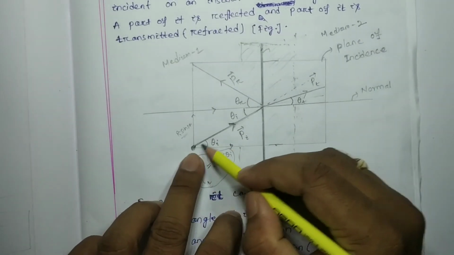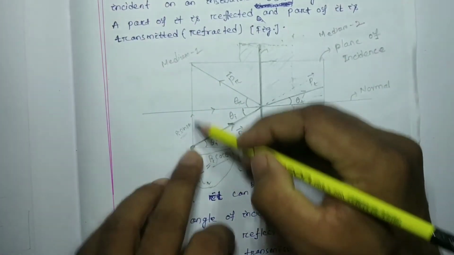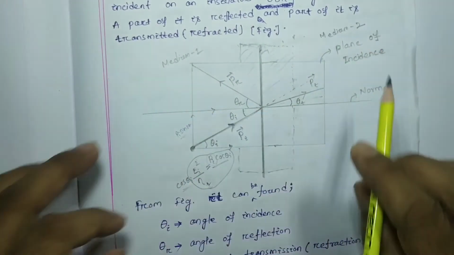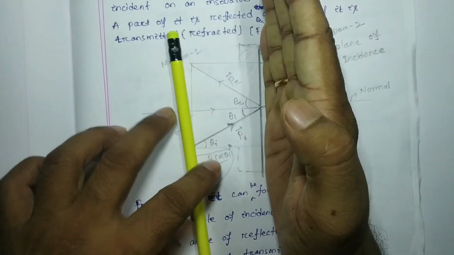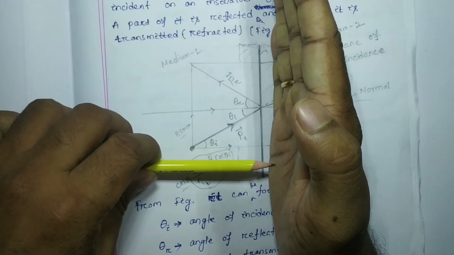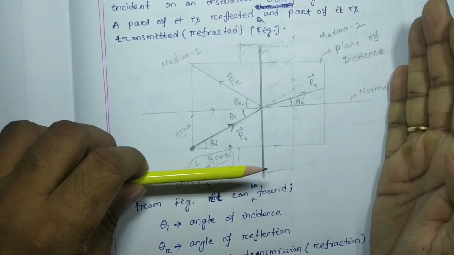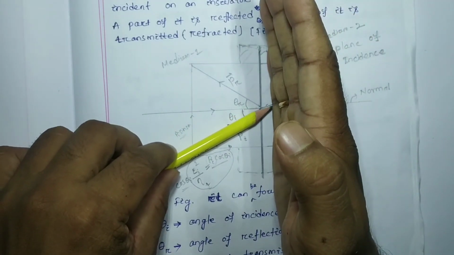Because as it is obliquely incident, it has two components, this one and this one. This component could not be transmitted, because the power direction is along the interface. When the power direction is normal to the interface, the maximum power is transmitted. But when it is at some angle, the power transmission is reduced.